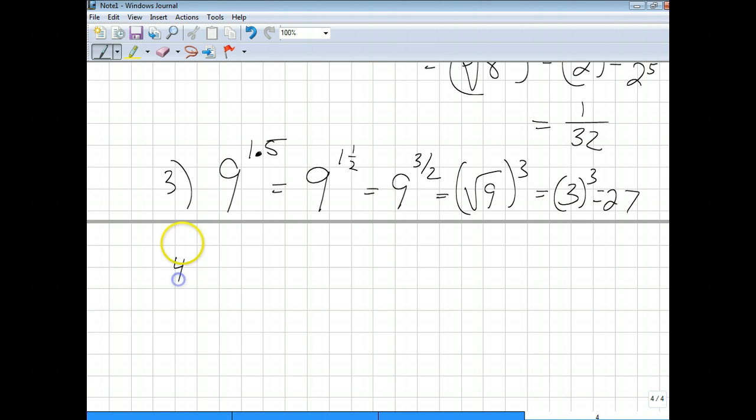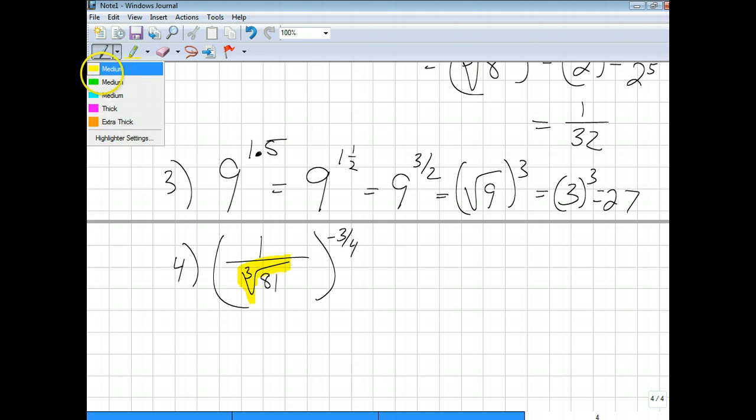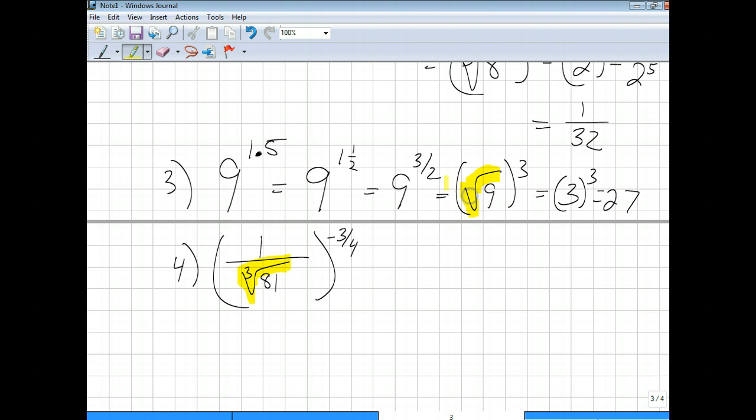Number 4. 1 over the cube root of 81 raised to the negative 3/4. Okay, well, let's go ahead and change this radical to an exponent. Because we know if we go back up here, this radical came from a 1/2.